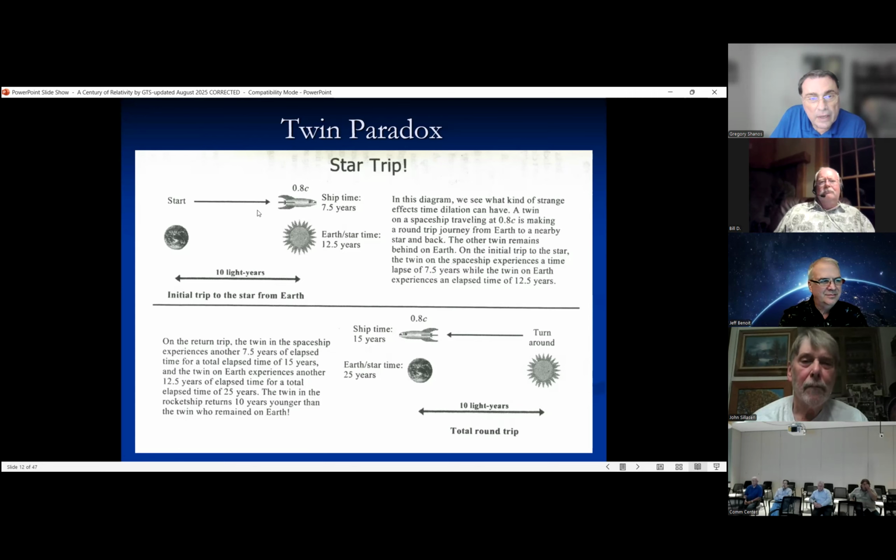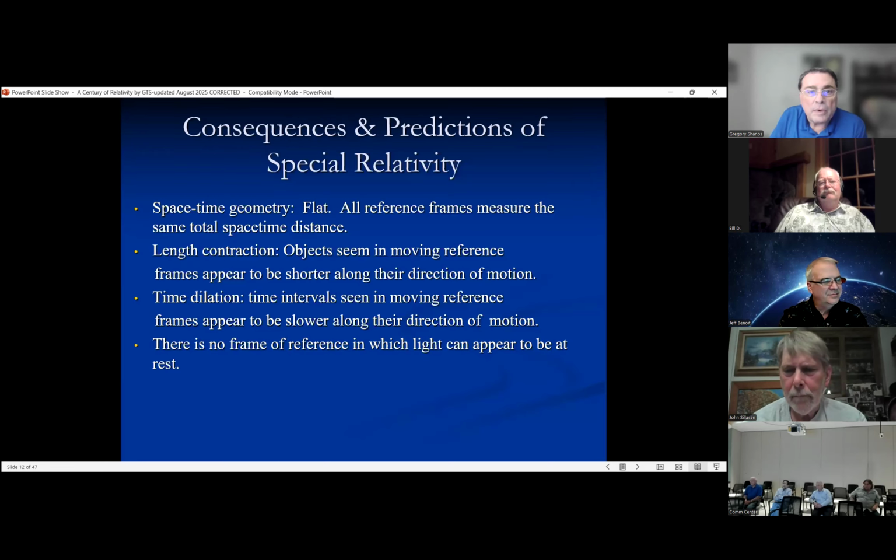Now, if he were to jump into the spaceship, then everything would appear normal. The mass hasn't increased. The length is the same. 1 second is 1 second. But if you were to go back to Earth, then he'd see that time is slowed down, length is contracted, mass is increased. See that it's relative to the person's frame of reference that this happens. Okay, so that's the twin paradox.